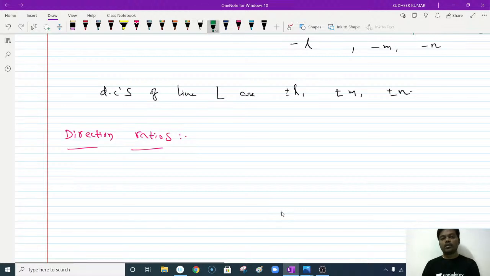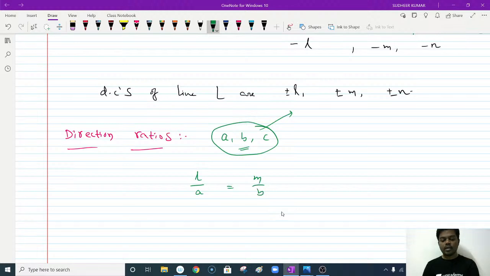If we take any values, suppose let us take real numbers A, B, C, or three numbers which are proportional to the direction cosines, meaning L by A equal to M by B equal to N by C. So A, B, C are any real numbers we can take, but they should satisfy the condition L by A equal to M by B equal to N by C.